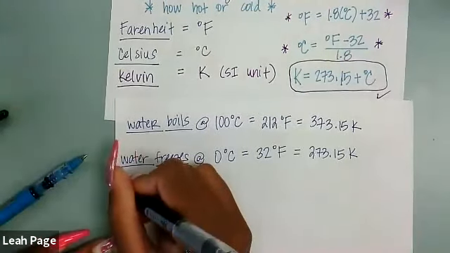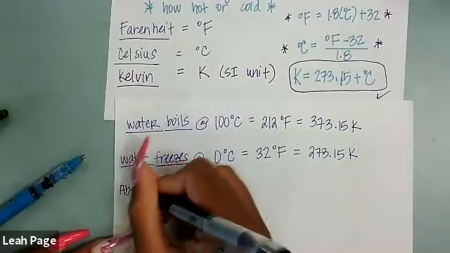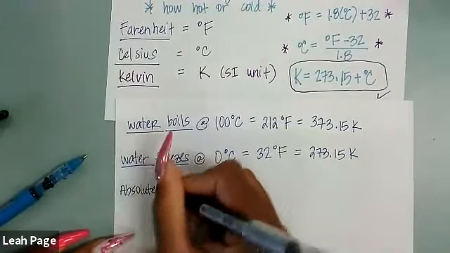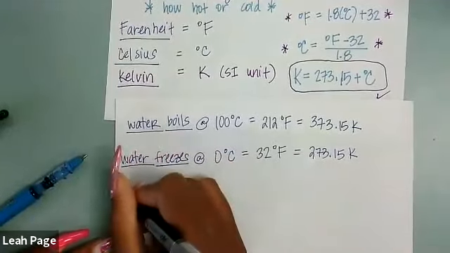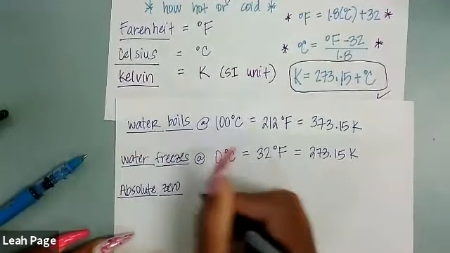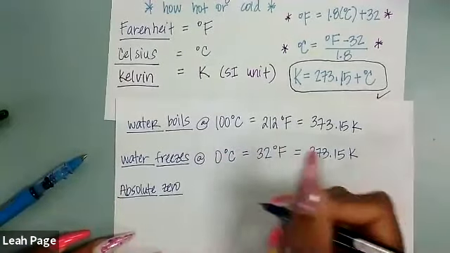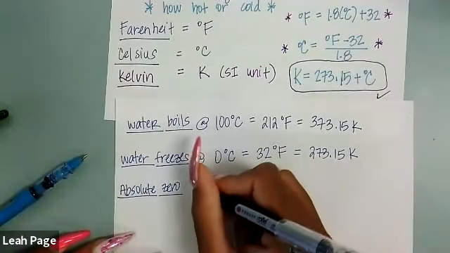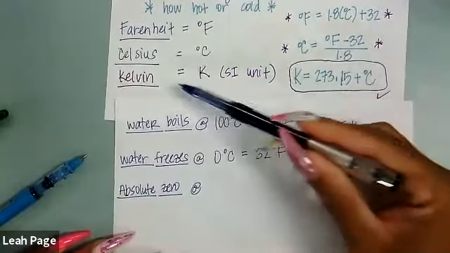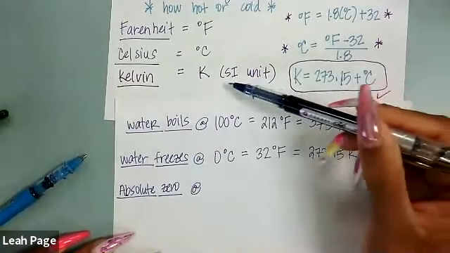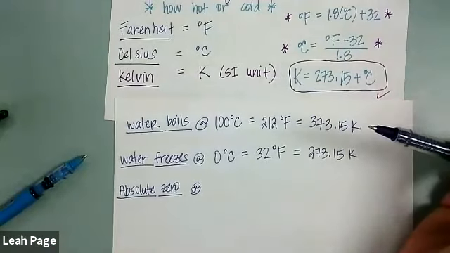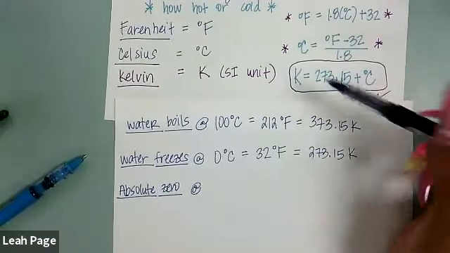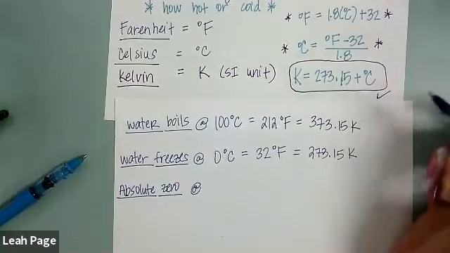And then I have what is known as absolute zero, meaning the coldest that we can measure, the lowest temperature. This is why we use the Kelvin scale, because the Kelvin scale gives us absolute zero. So what this means is 0 K is considered absolute zero.